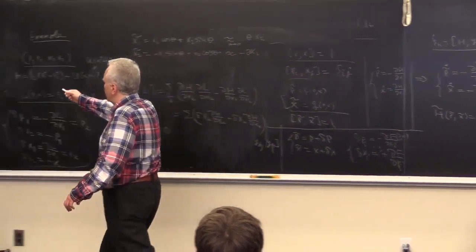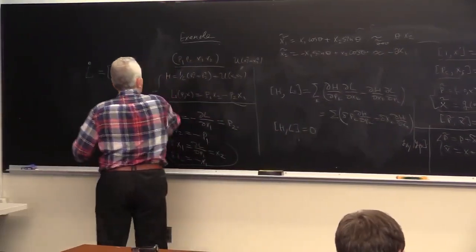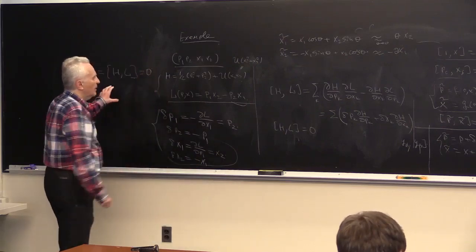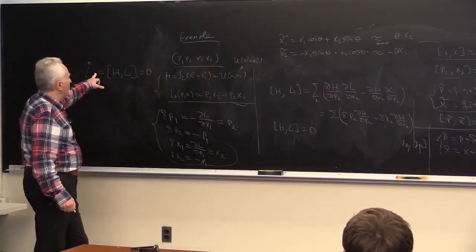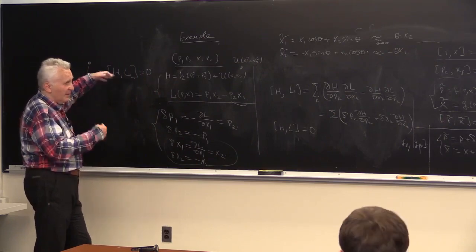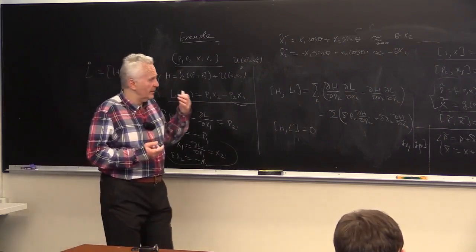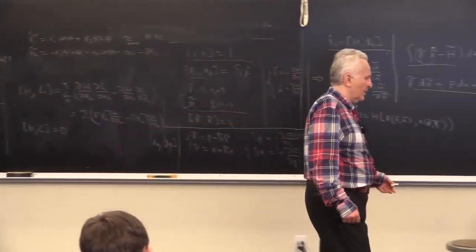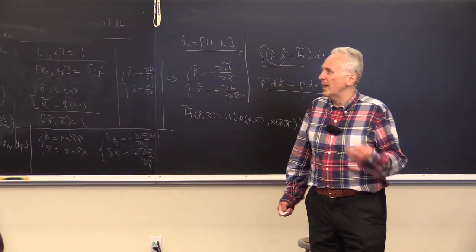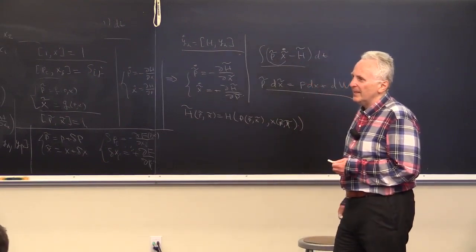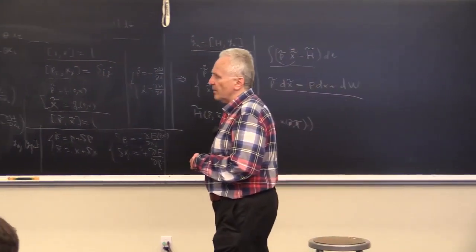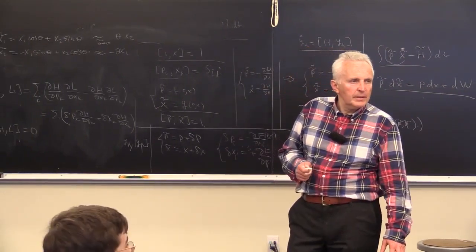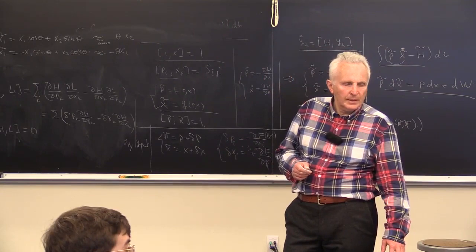We calculated that the canonical transformation here gives us 0. So this function is some conserved quantity, and now you have to figure out what kind of conserved quantity this is. Is it conserved under the transformation? Which transformation? The infinitesimal transformation.